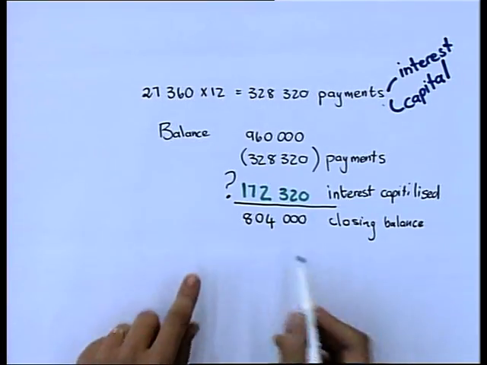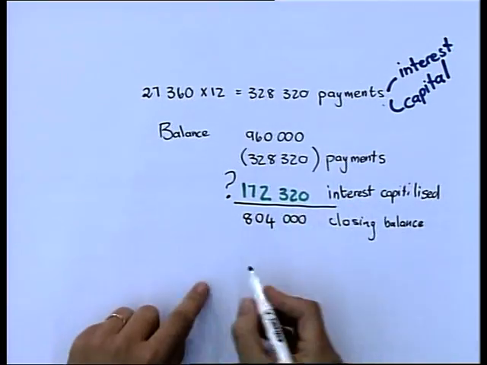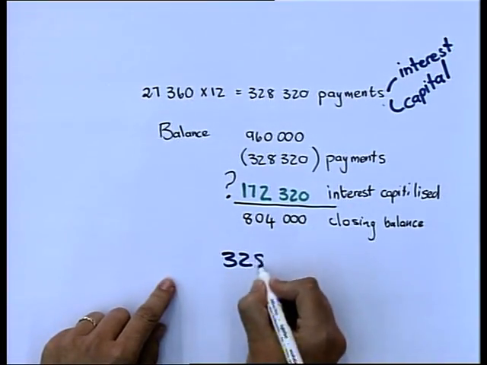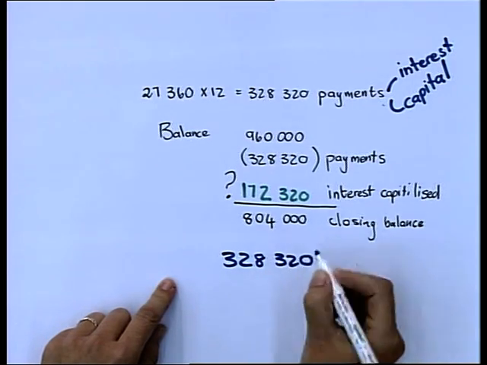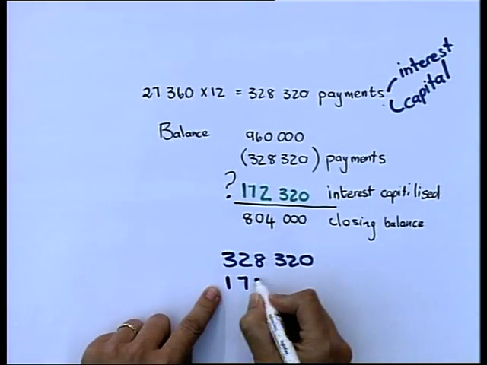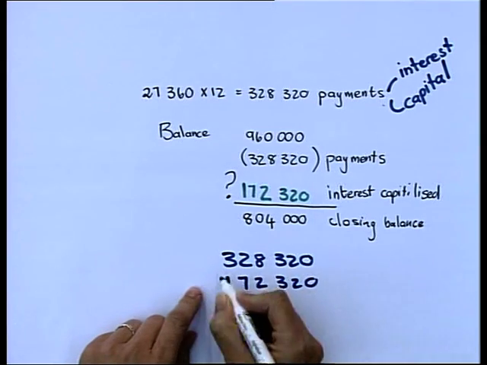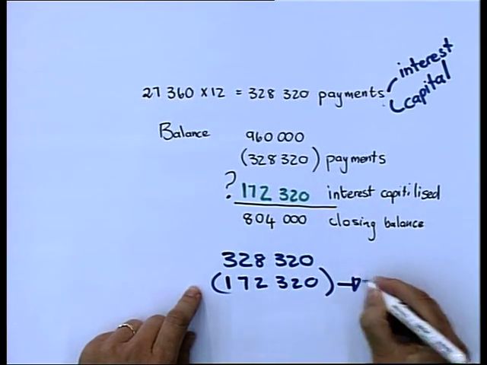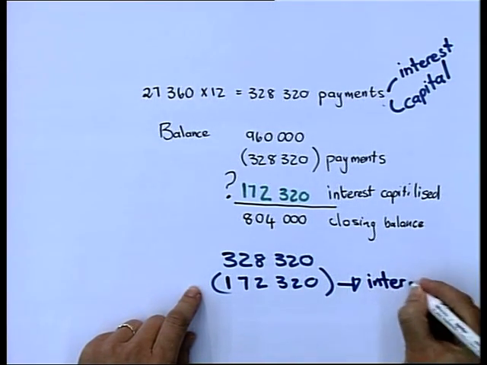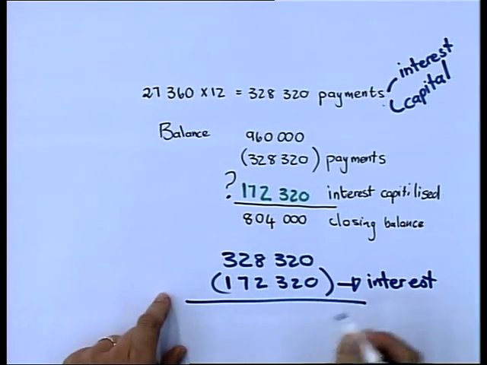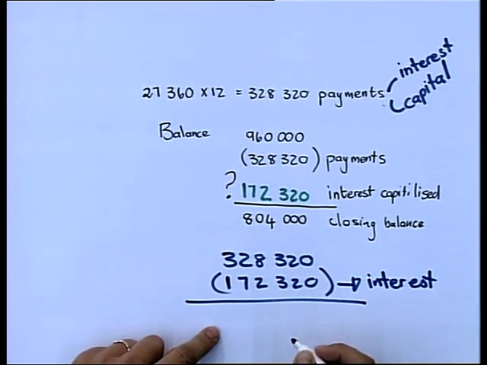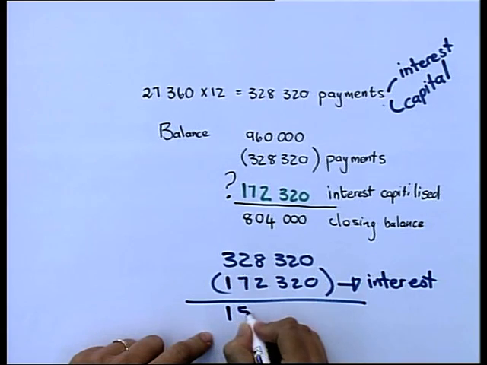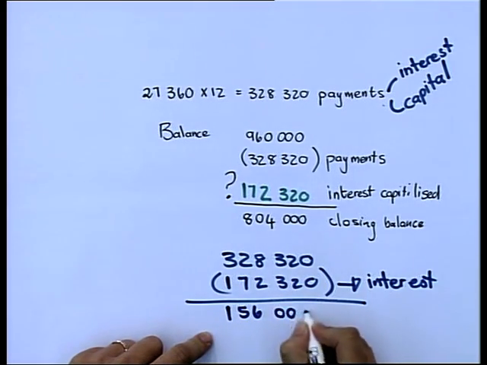Okay, so if our total of payments was 328,320, and we have already accounted for 172,320 of that in terms of the interest, then the capital portion that was repaid was 156,000.